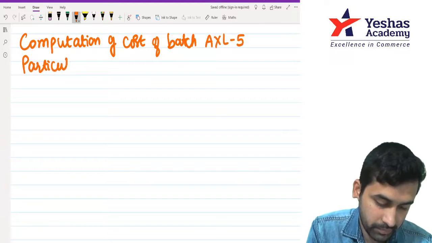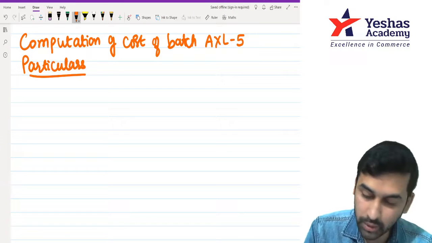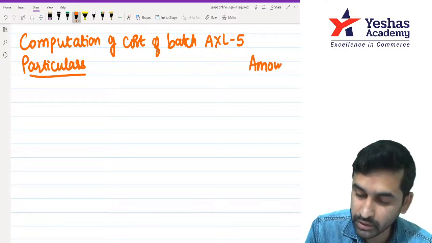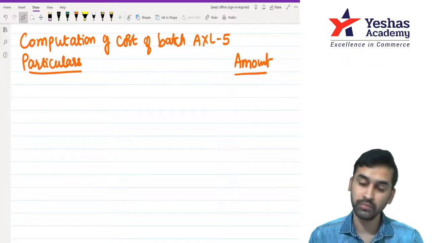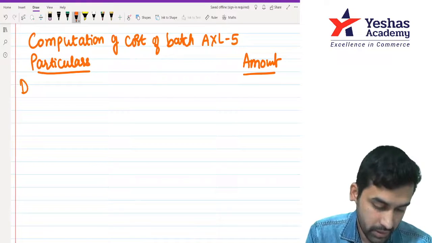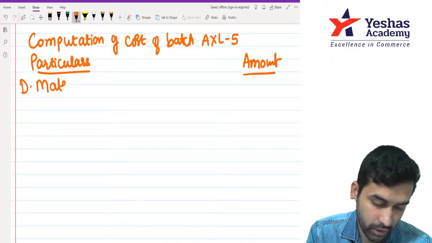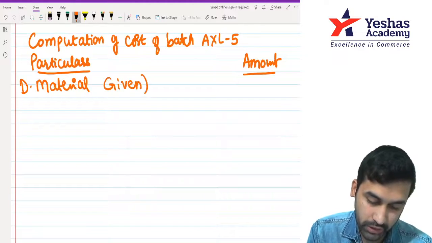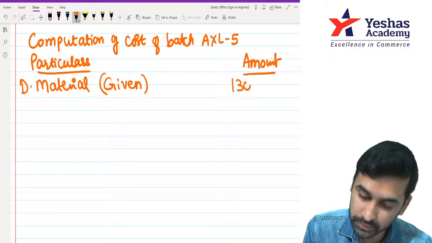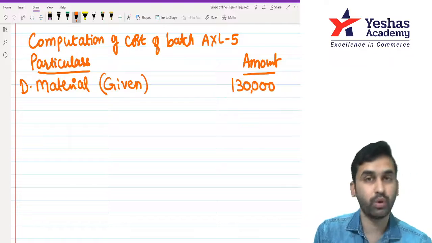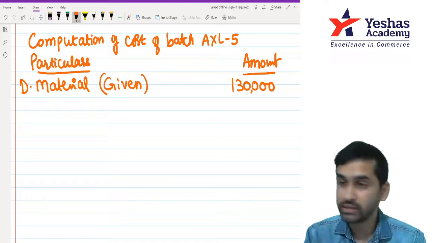Particulars here, amount here, particulars and amount. First you need direct material cost, in bracket given in the question. What was the number? 1,30,000. Okay. Next is labor cost.